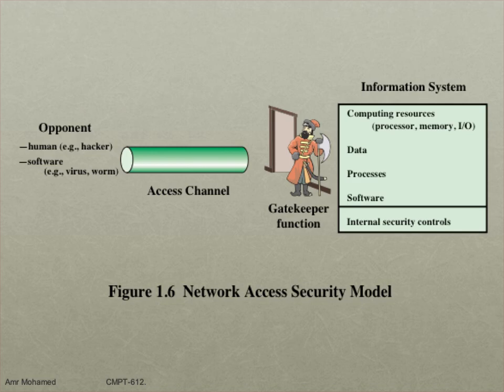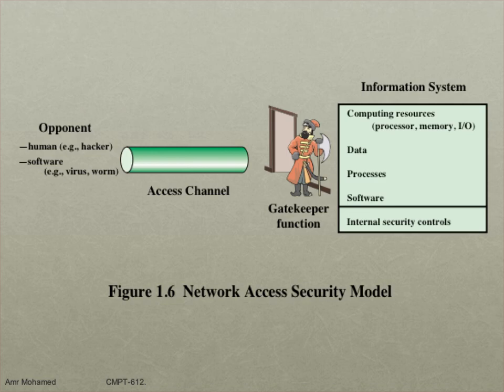Okay? Which tries to read or sniff or access all the incoming requests, and then it opens the door to the legitimate ones and tries to block the illegitimate ones.